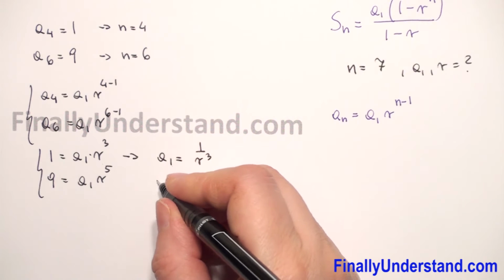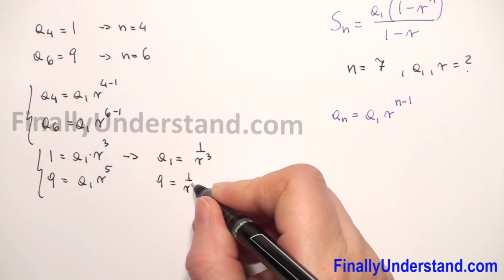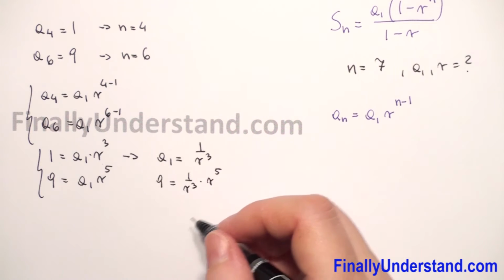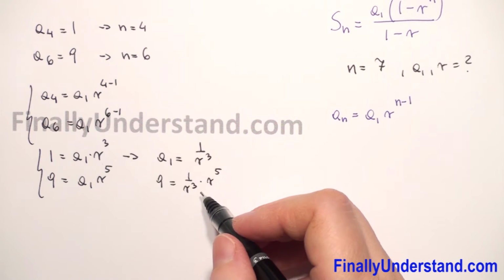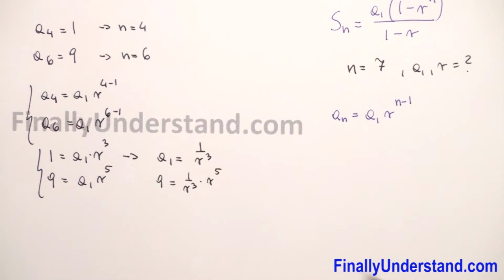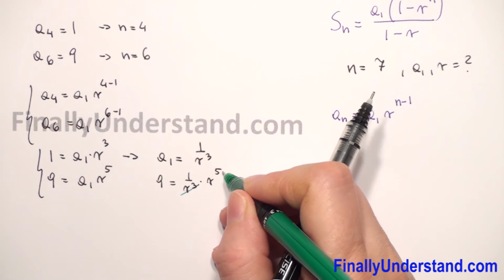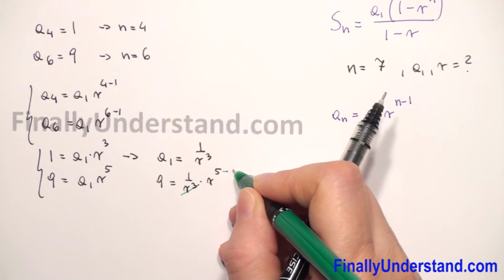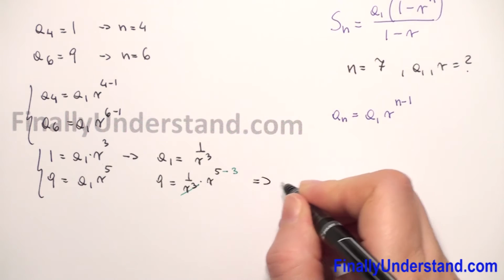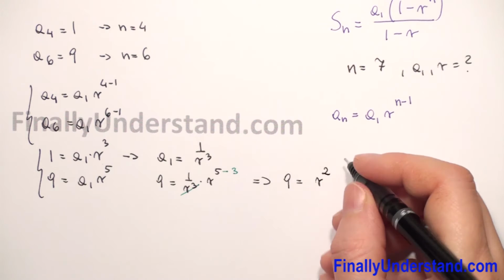So we will have 9 is equal to 1 over r to the third power times r to the fifth power. So now we can reduce the powers of 3 and 5. So 5 minus 3 is 2. So we have that 9 is equal to r to power 2.